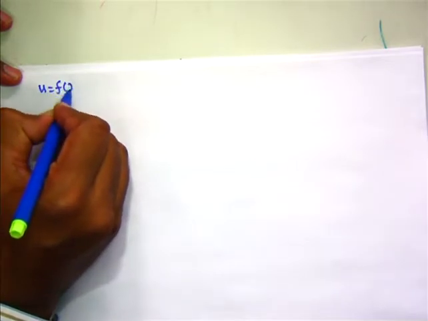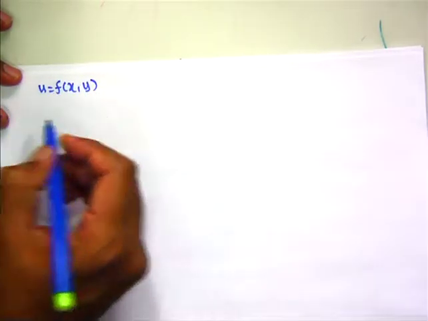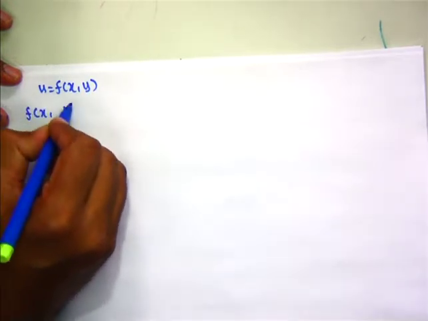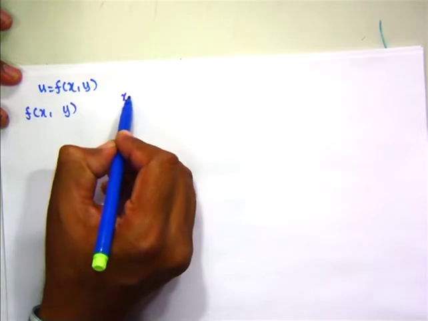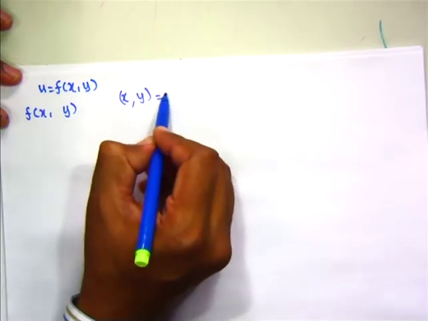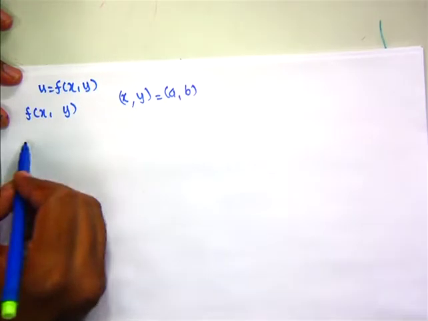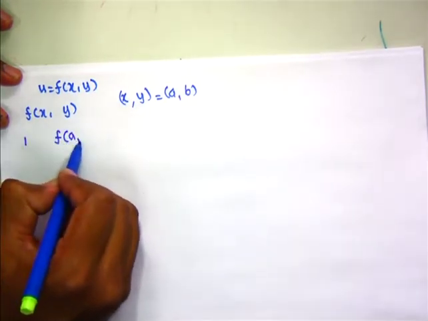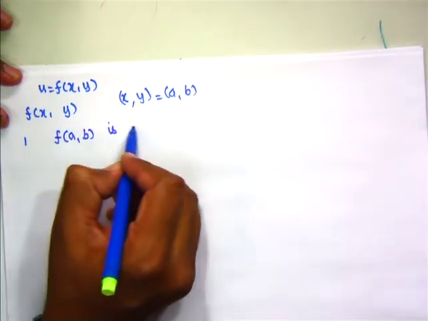Similarly, we can discuss the continuity of a function of two variables. Let z = f(x, y) be a function of two variables, then we say that f(x, y) is said to be continuous at the point (a, b) if three conditions are satisfied. First, the function's value is defined.